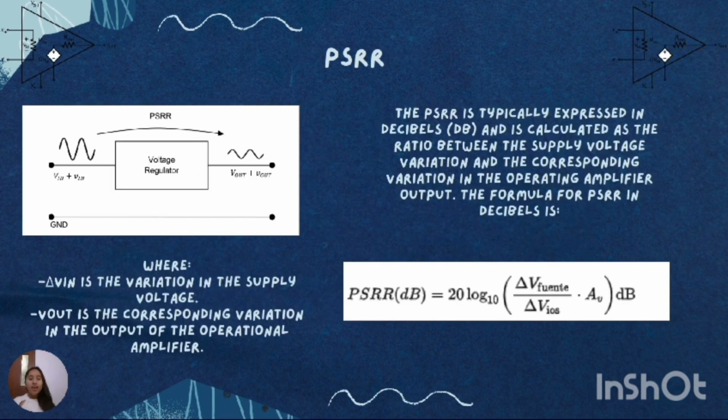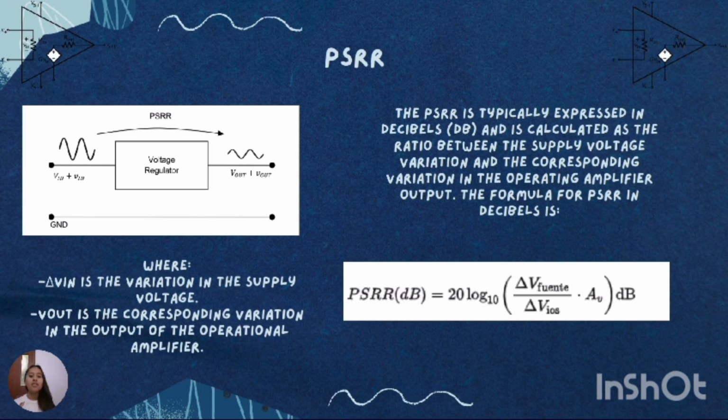The PSRR, power supply rejection ratio, is a measure of the ability of an operational amplifier to reject variations in the power supply. In other words, it indicates how much the amplifier rejects fluctuations in power supply, such as current or change in power voltage.